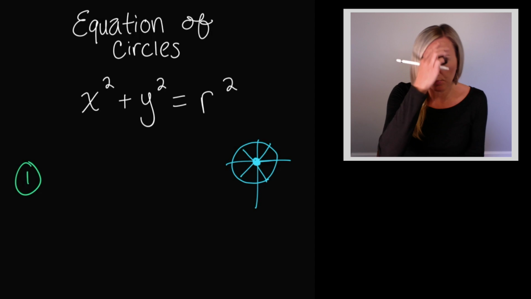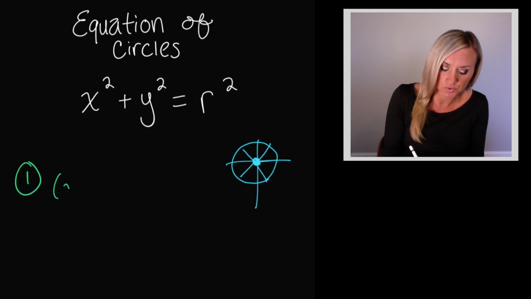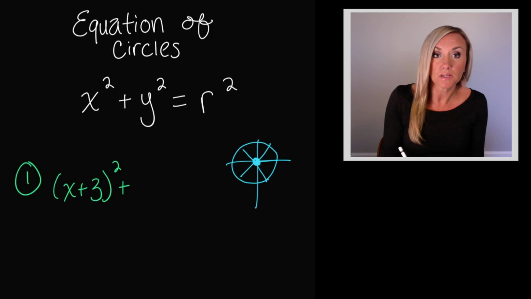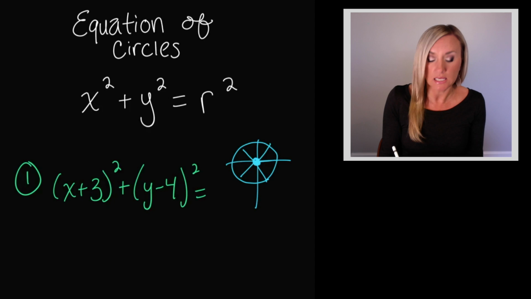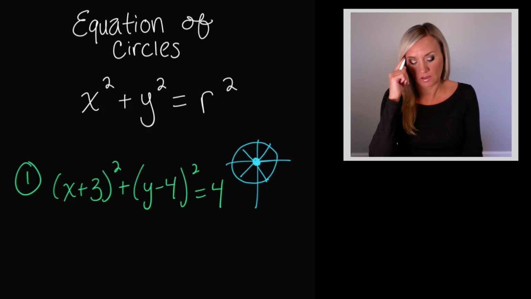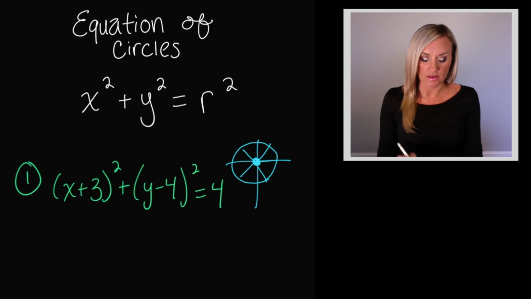Example number 1: x plus 3 squared plus y minus 4 squared equals 4. You'll notice that the 3 is after the x, inside of the parentheses, and that quantity is being squared.